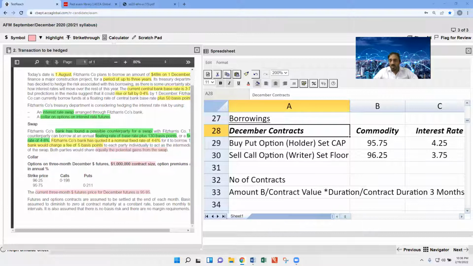Number 1. Number 2, for 3 marks, you have almost 5 minutes. But what I think, if you have a good command, you just attempt this part in 2 to 3 minutes. Buy put, sell call, this premium, number of contracts in 2 to 3 minutes, and you can save the time here. So can you please reply to me? 2 things.